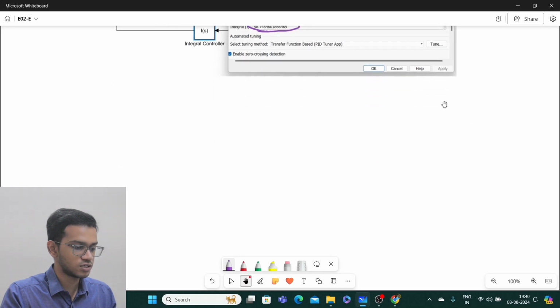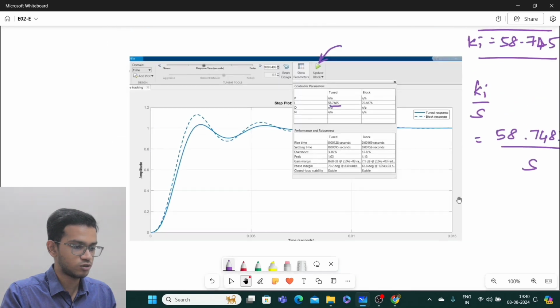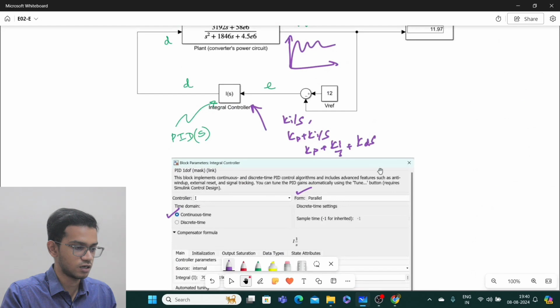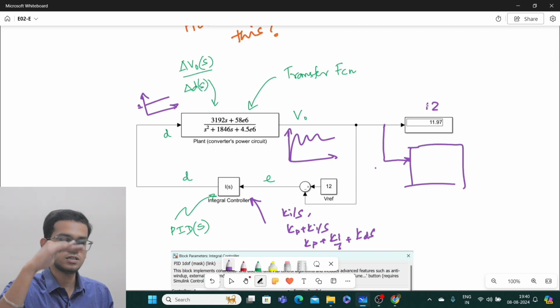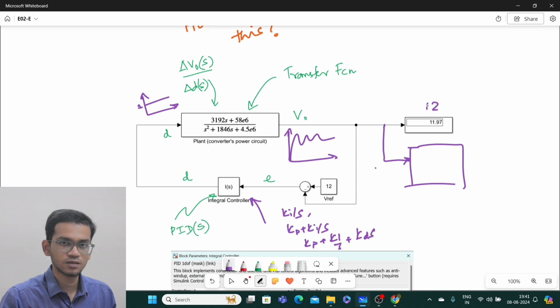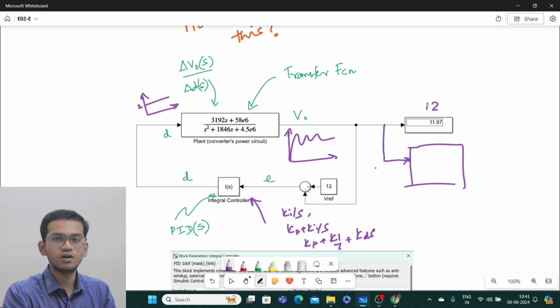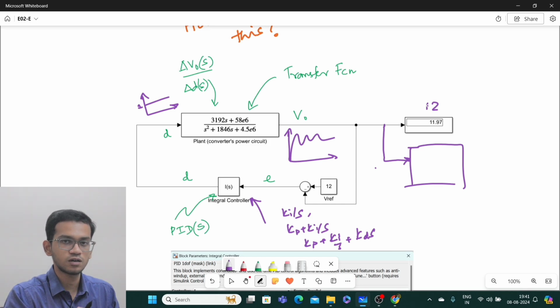Once you run the simulation, you will get the same output as I showed you in the earlier stage. Here I have to get 12, I'm getting 11.97. If we attach a scope here and see, the waveform will be a transient which will settle around 12 volt. This is the way in which you have to find Kp, Ki, Kd value for your power converter.